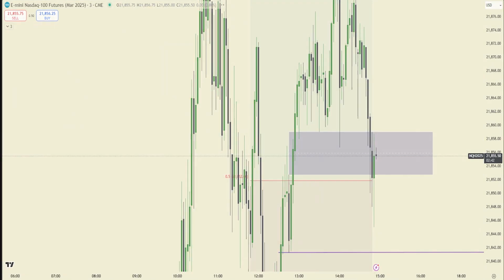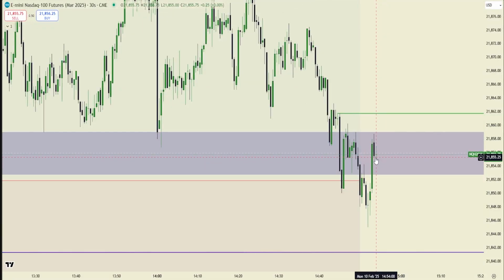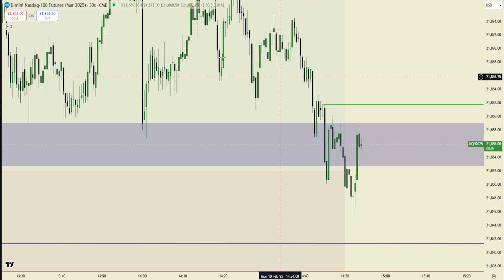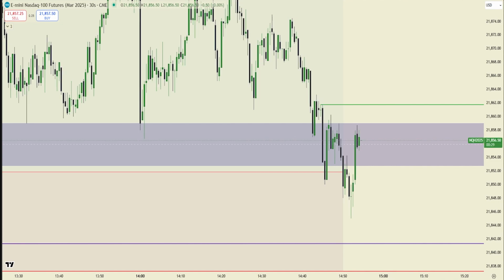So us inversing the 5 minute gap here is going to kind of hinge on whether or not we IOFED this 30-second gap here or we inverse it to the downside. It doesn't really look like it wants to move any lower. So it looks like we are going to hold this 5 minute gap after all. Let's pay attention to this 30-second gap now.